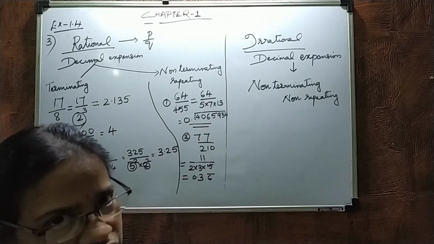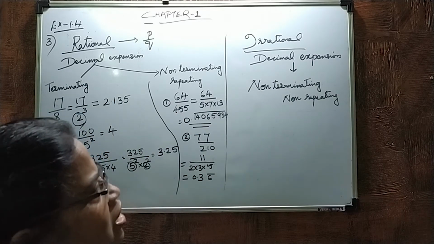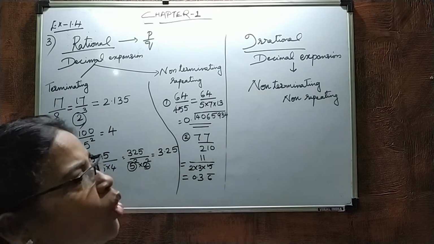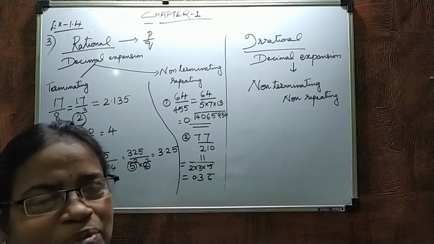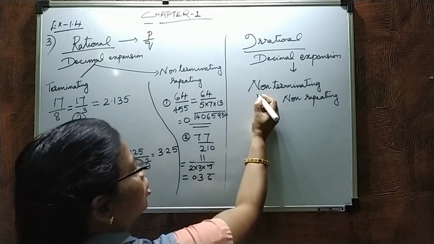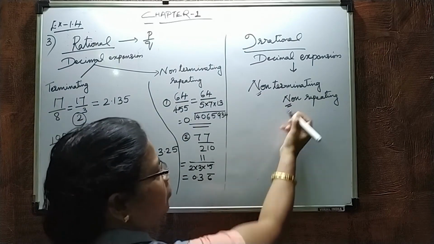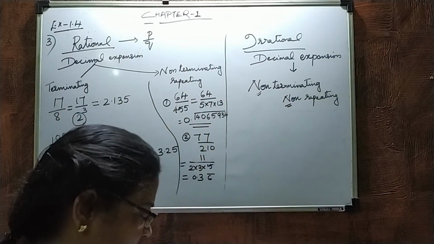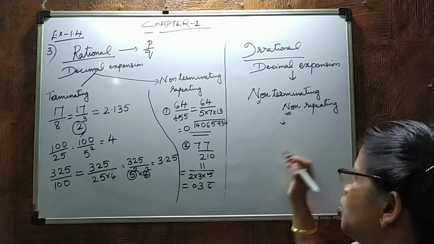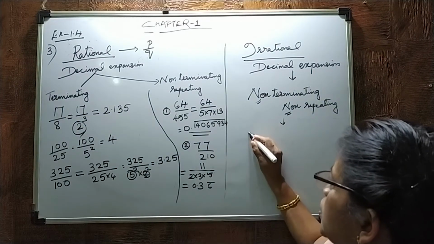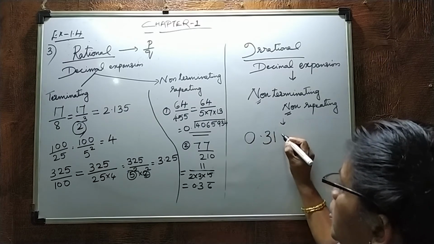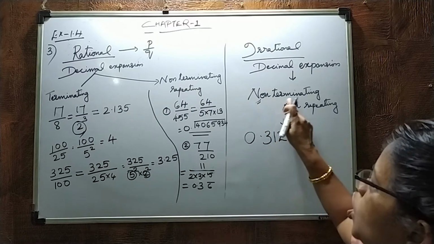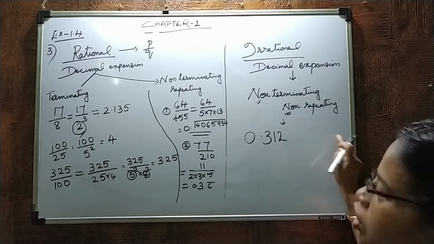Irrational decimal expansion means it will be non-terminating, non-repeating. I told you already, you have to remember about the double N. That means non-terminating, non-repeating. I will give the examples also. Suppose you get 0.312, it is non-terminating, so it will go on.